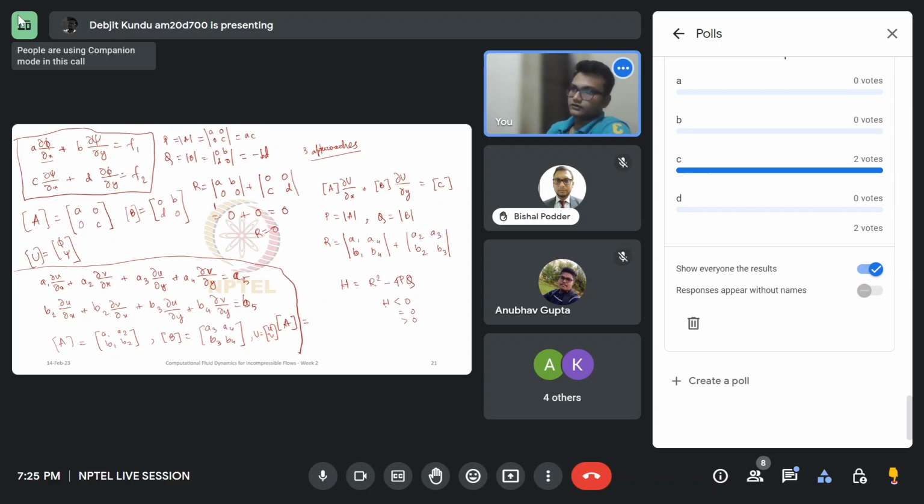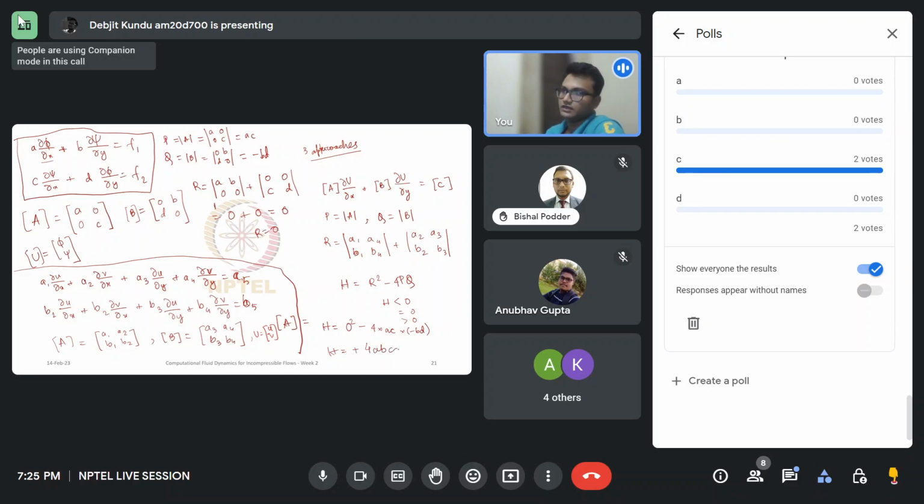Now, if we try to find out H, H equal to R square minus 4PQ. So, H equal to R square, R is 0 square, minus 4 multiplied by P, which is AC, into Q, which is minus BD. We have H equal to minus 4, sorry, no, minus would become plus.